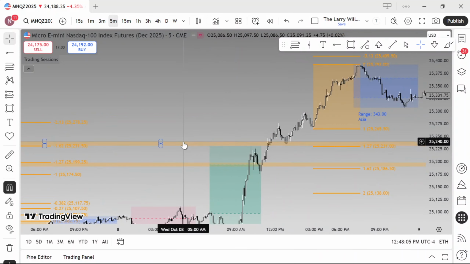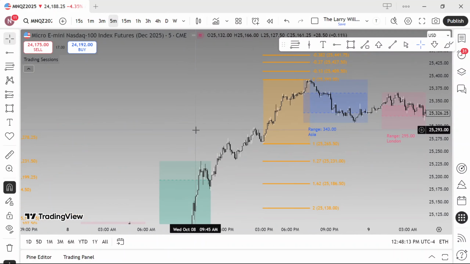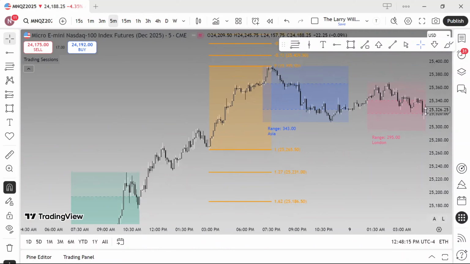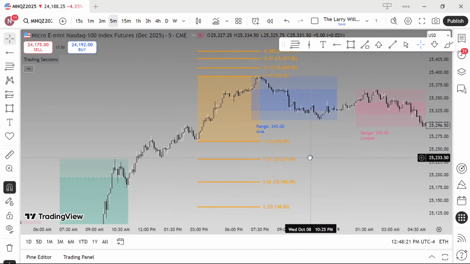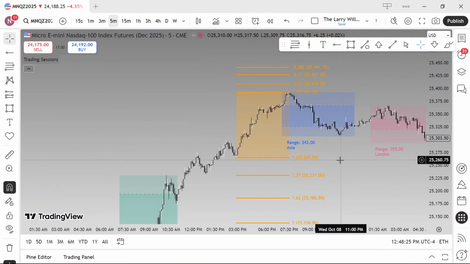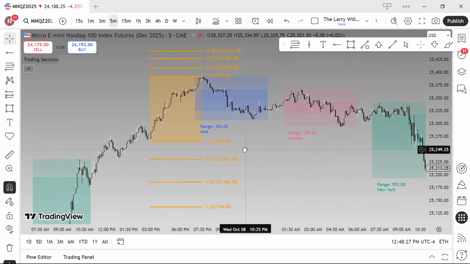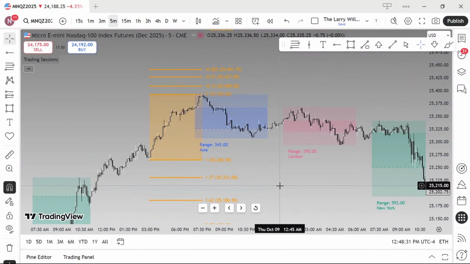So moving into, I believe, one of the last examples. This is a better depiction of how the CBDR mixes inside the Asia session.